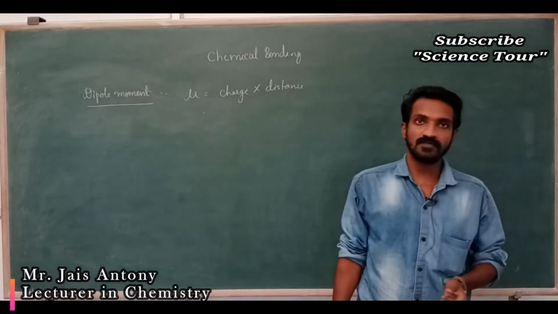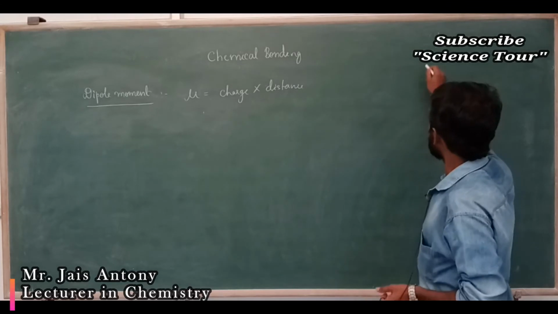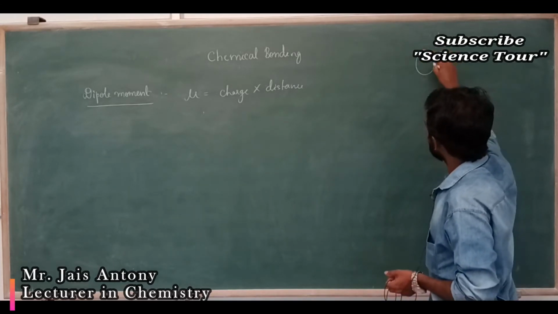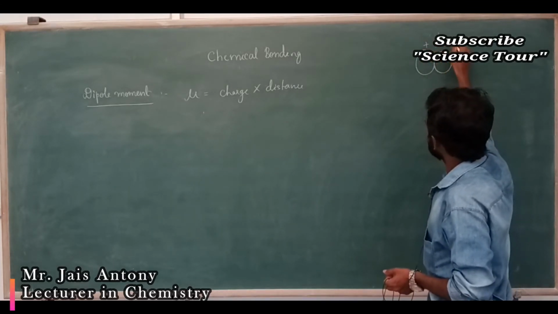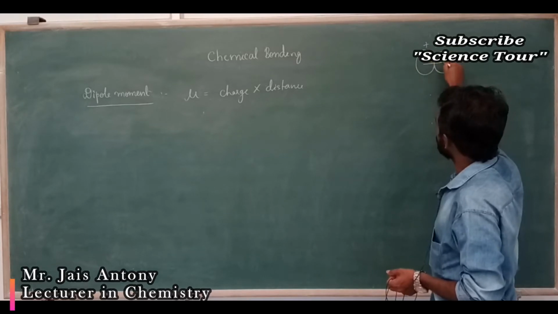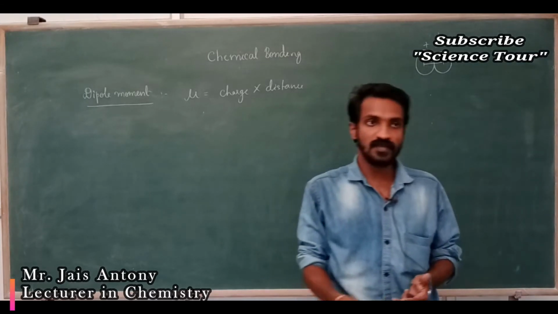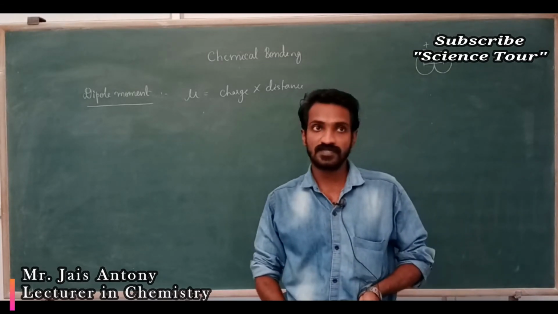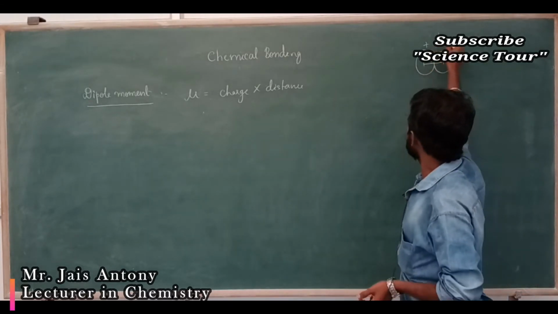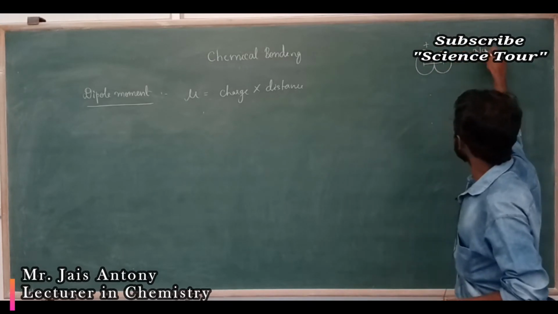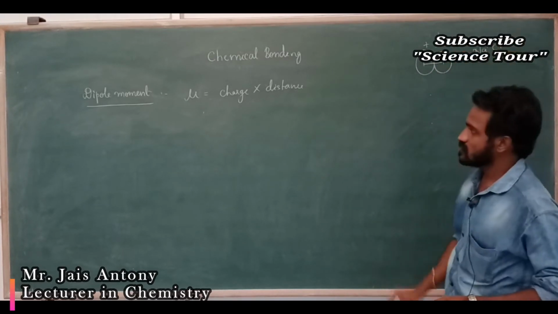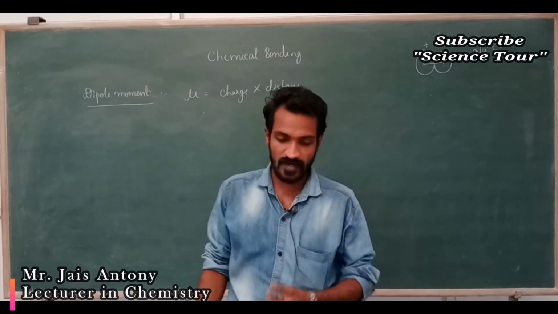Charge into separation means the distance between two nuclei. One is a positive atom, another one a negative atom. Between these two nuclei, how much distance is there? It is called the distance. Charge into distance. One is plus charge, the other is negative, for example, sodium chloride. Understood? This is actually the dipole moment.